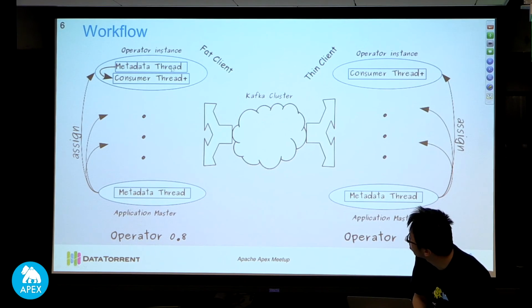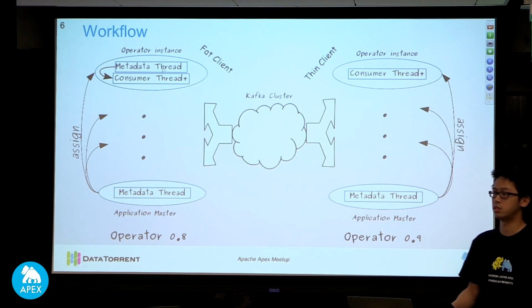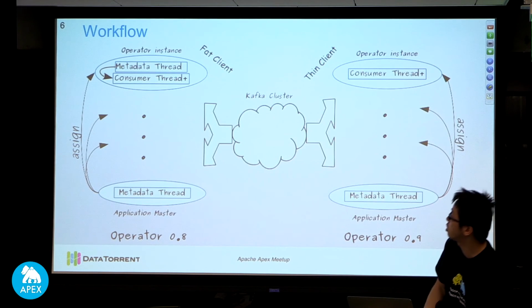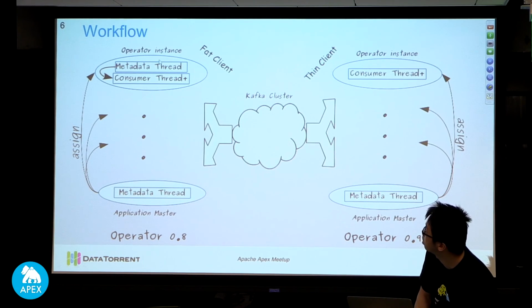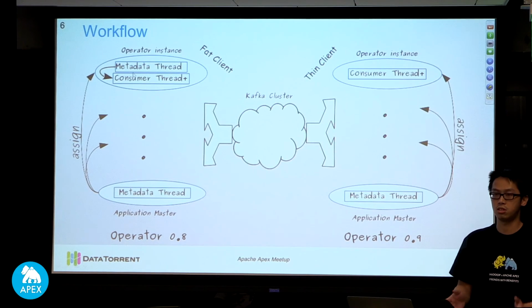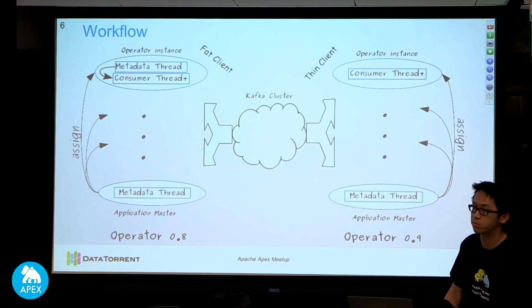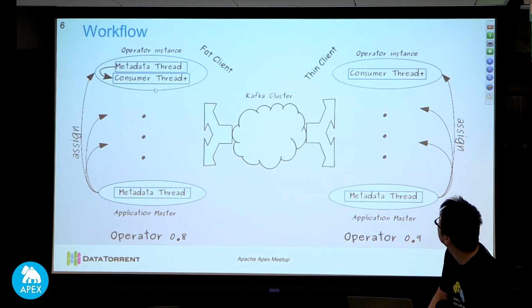In the old one, because the consumer object cannot handle the metadata change, in each operator instance we have a separate metadata thread which monitors the metadata change. And if anything changes, it will notify the consumer thread, okay, some partition has changed its broker, something like that, and ask the consumer thread to connect to the new broker to continue consuming data from the new one.